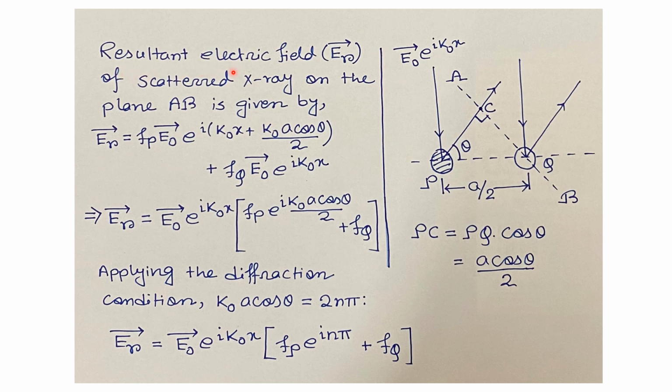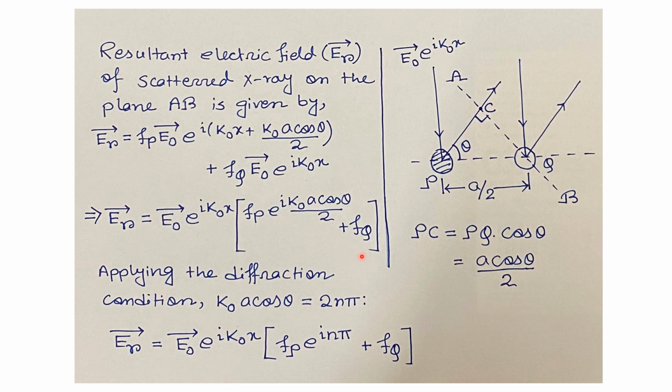So the resultant electric field of scattered X-ray radiation on the plane AB is given by Fp E naught vector e to the power i (k naught x plus k naught A cos theta by 2) plus Fq E naught vector e to the power i k naught x. The first term is due to the X-ray scattering from P atom and the second term is due to the X-ray scattering from Q atom. If we take E naught vector e to the power i k naught x as common, then we will get this.